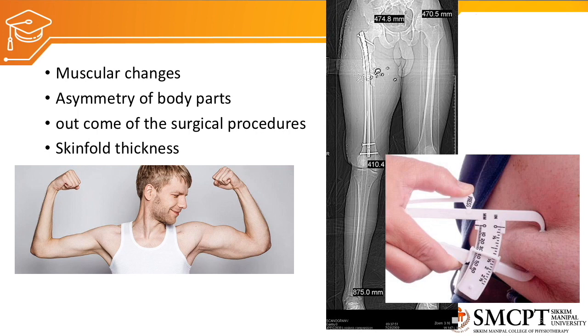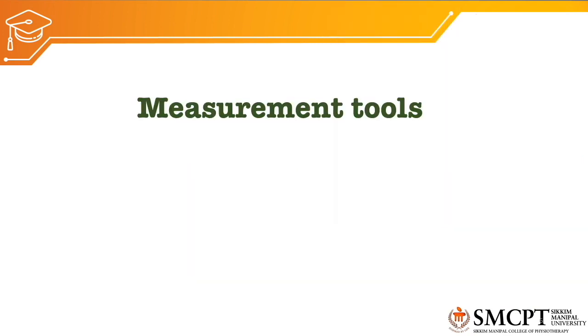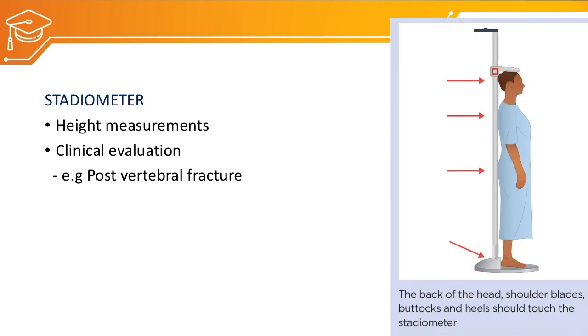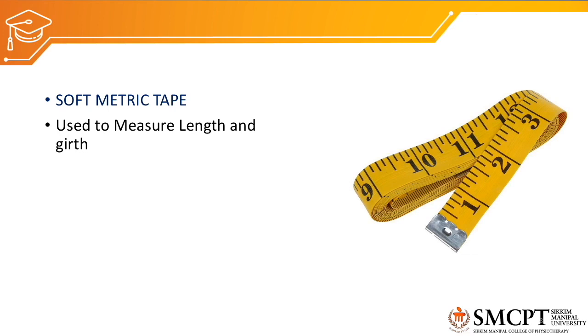We can also see the outcome of the surgical procedures. Some of the measurement tools that we discussed in last class were the stadiometer, which is used for measurement of the height, and the soft metric tape, which is especially used for measurement of the length and girth of the limbs.